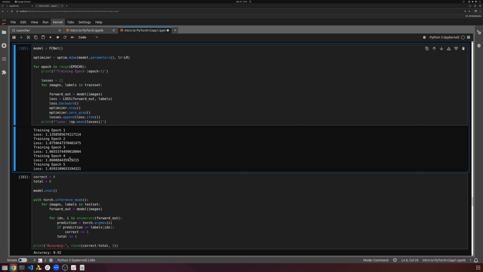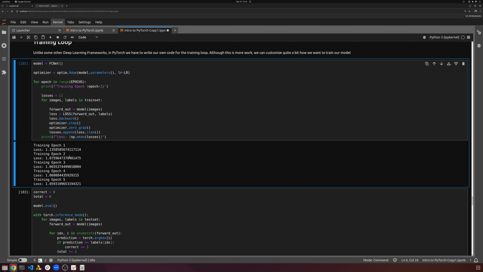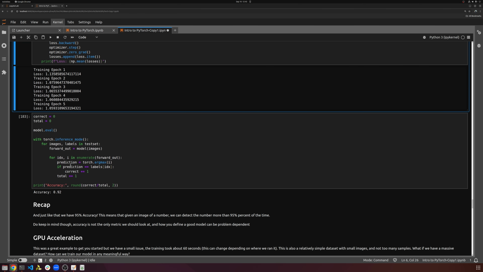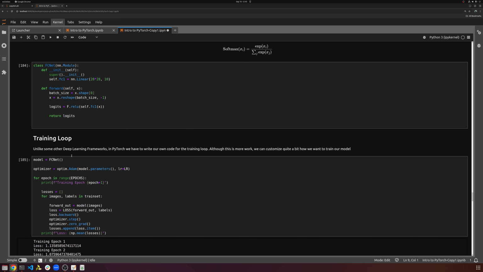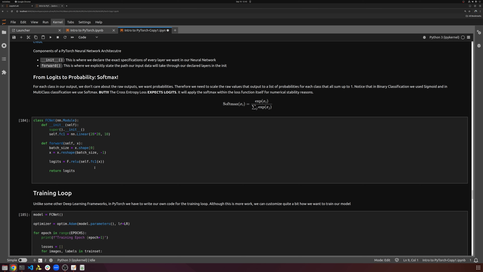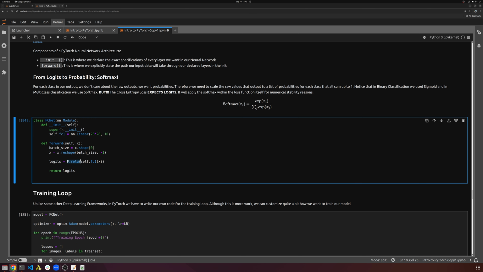Actually, yes, this is actually slightly incorrect. That is my bad. So as you'll notice now, our accuracy will have fallen. Why has our accuracy gone down? Well, it is not proper to include an activation function on the output of your model.